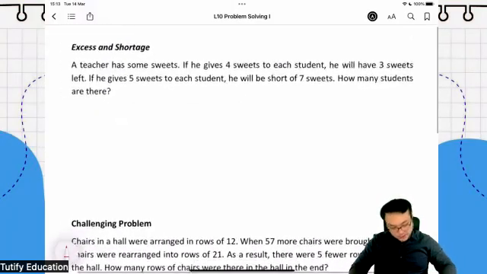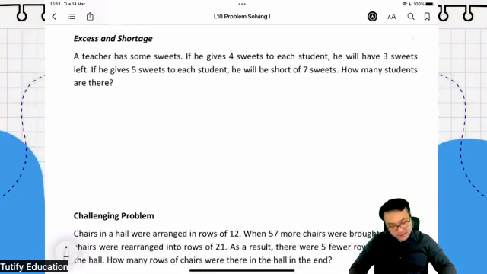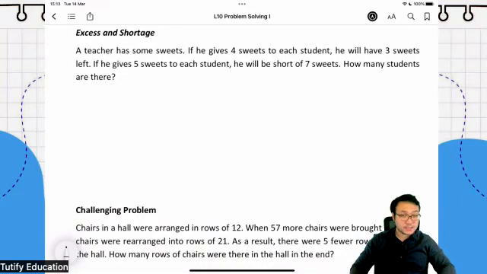Now, students, let's draw a model for this. Okay, Alexis, let me ask you, do you know how many students are there? No. You don't know, right? Now, let's say that I have 5 students and I give 4 sweets to each of them. How many sweets are there altogether? 20. Very good, very good. I do not know how many students are there, correct or not?